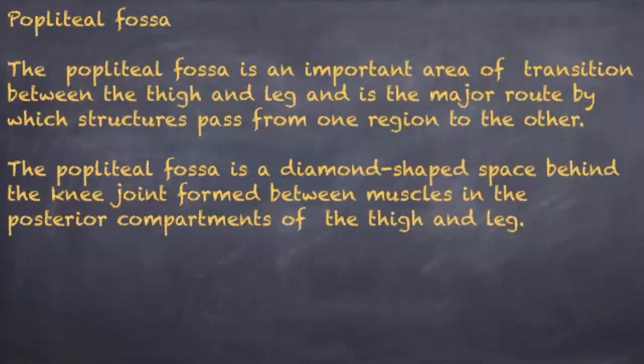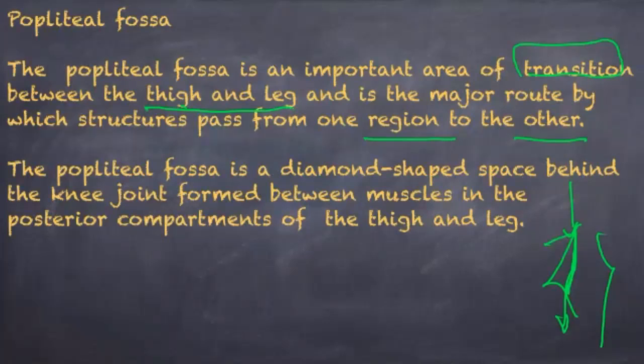So the popliteal fossa is an important area of transition between the thigh and leg, and is the major route by which structures pass from one region to the other. That means if structures pass from one region to the other region, they are going to be renamed.